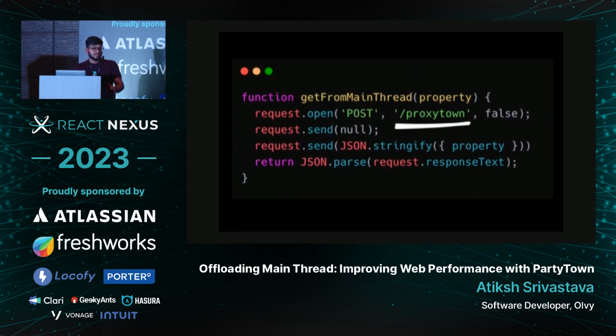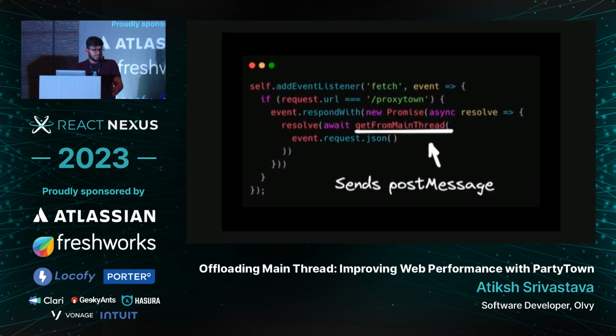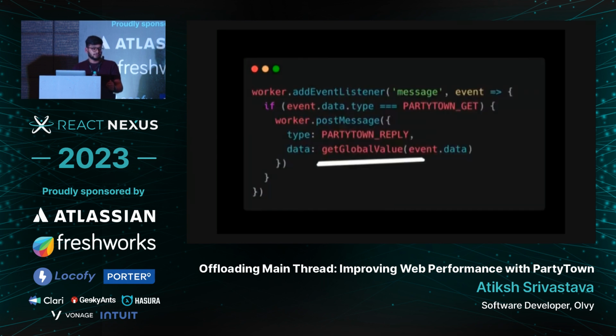Once PartyTown intercepts those variables, it creates a synchronous XHR request to a route called /proxytown, which is intercepted by the service worker that PartyTown adds. That service worker then sends those variables via postMessage to the main thread, where we get the computed value, and then that value gets returned to the service worker and then to the web worker.